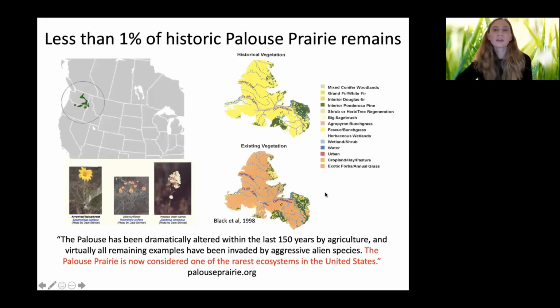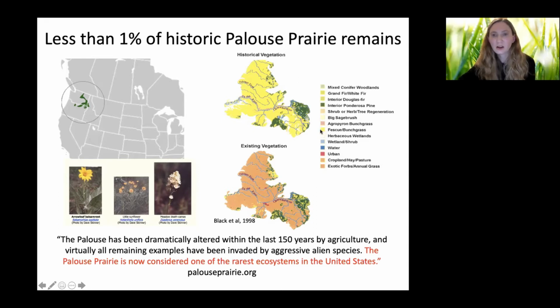We focus on the Palouse Prairie because it's one of the rarest ecosystems in the United States. It's estimated that less than 1% of the historic Palouse Prairie remains. The Palouse Prairie is over in eastern Washington, northwestern Idaho, and northeastern Oregon. And here's a zoomed in map showing the historical vegetation.